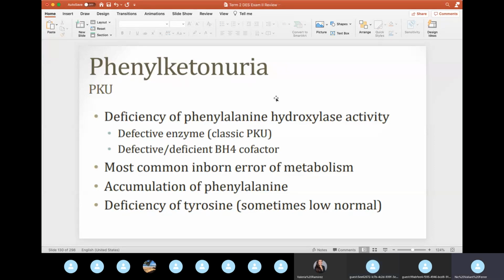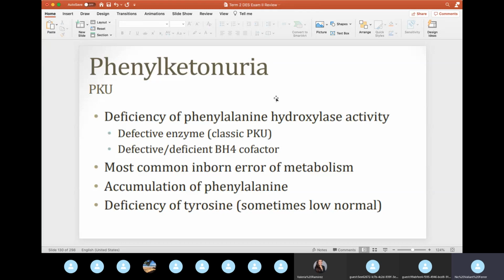Remember, if you see hydroxylase, think about tetrahydrobiopterin. So from tyrosine to L-DOPA, tyrosine dehydrogenase. Is it dehydrogenase or hydroxylase? Hydroxylase, yes, excellent. Tyrosine hydroxylase.